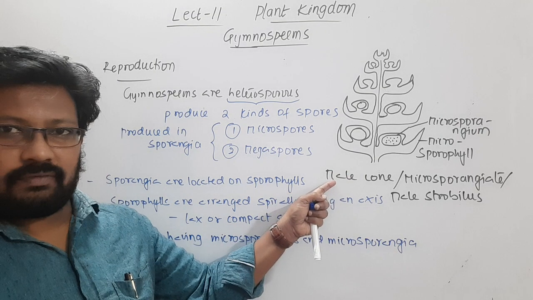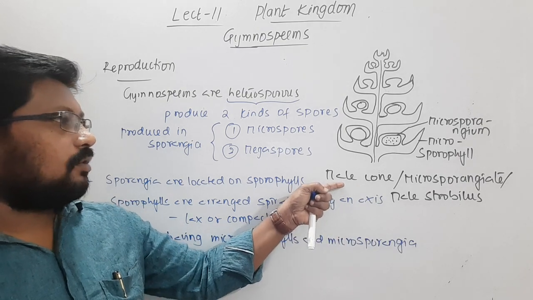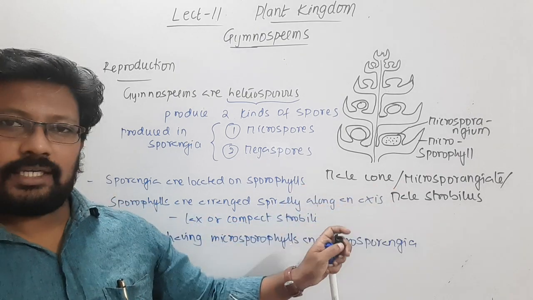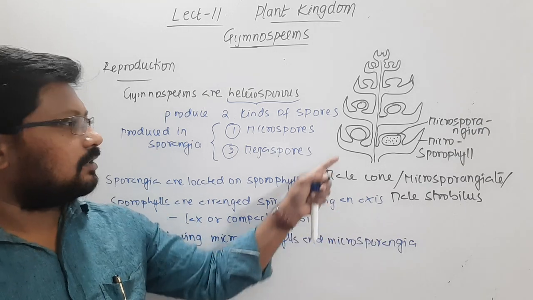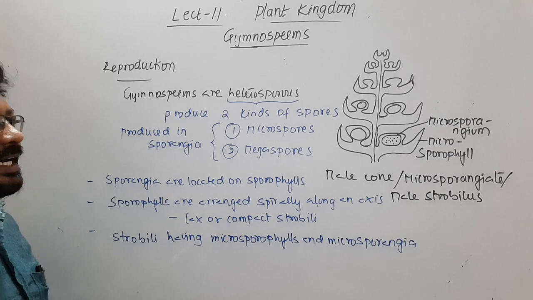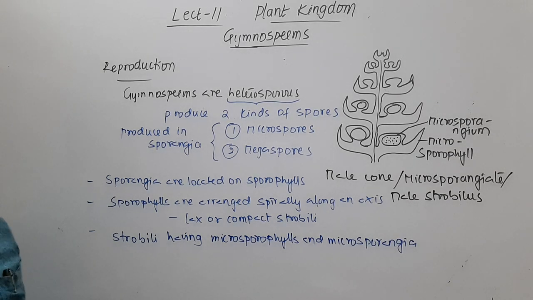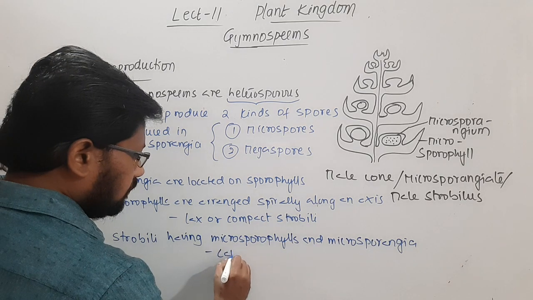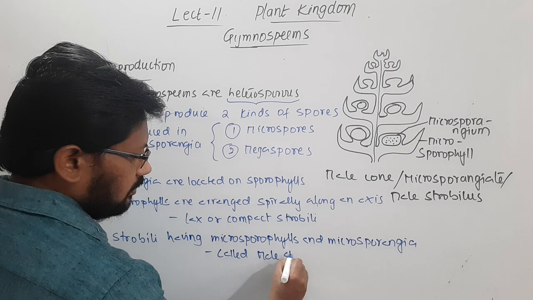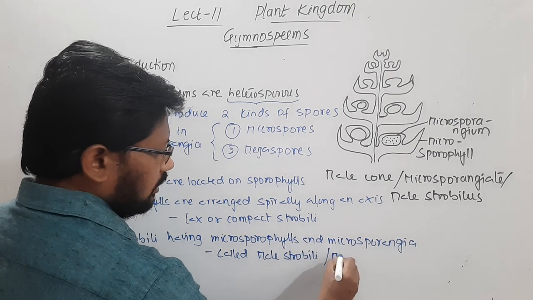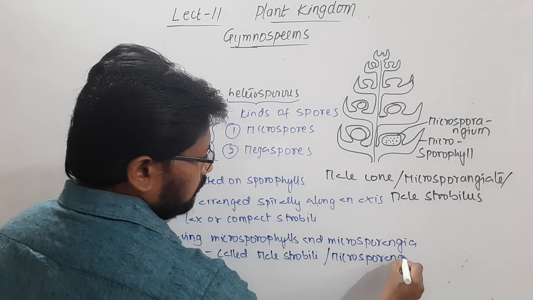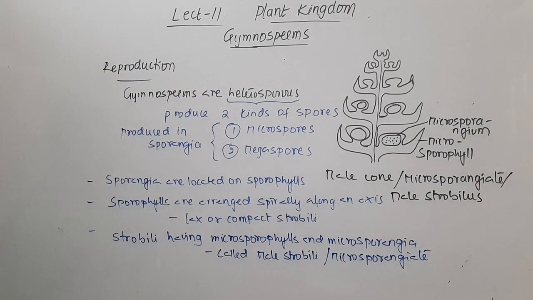Here I have shown only one, so I mentioned strobilus. Any of these names, male cone, male strobilus or microsporangiate, refers to the cone that has microsporangia on microsporophylls.